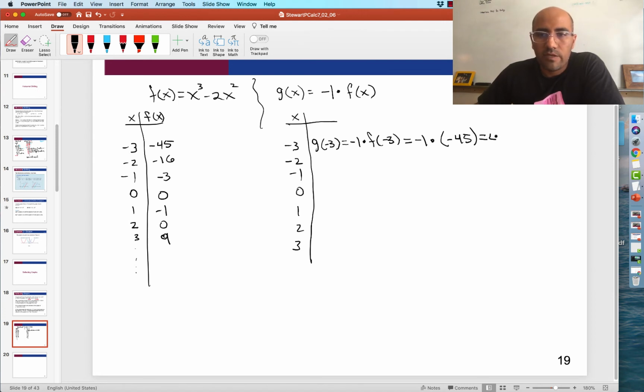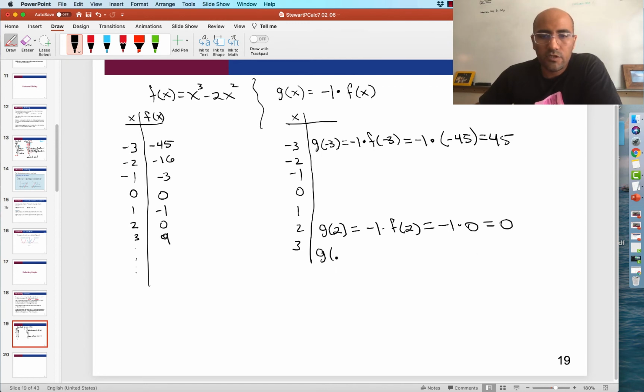So obviously, I'm going to get a positive 45. Good. At 2, this is going to be g of 2, the answer to this new function. Well, that's going to be equal to -1 times f of 2, which is going to be -1 times the value of f of 2, which was 0. That's just going to give me 0.